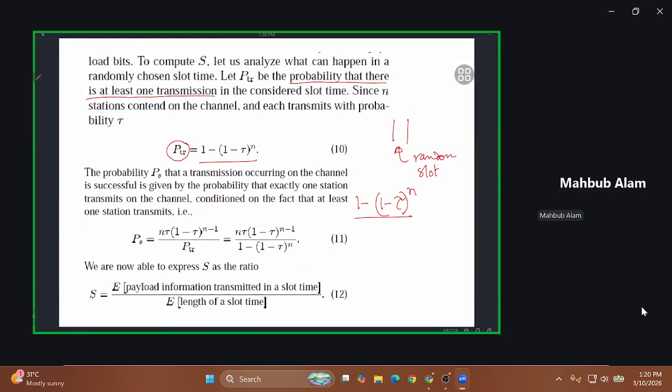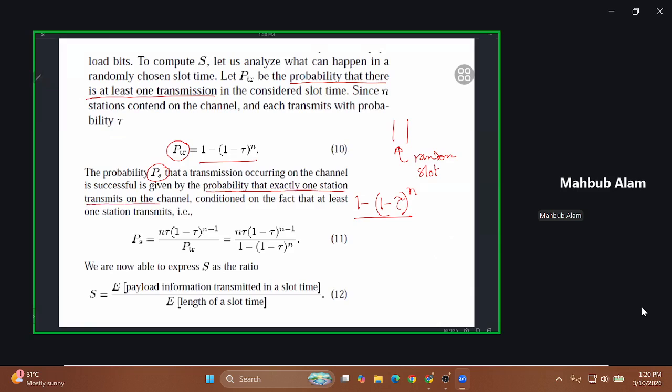Now, PS represents the probability that there is a successful transmission. The probability that a transmission occurring on a channel is successful, the probability that exactly one station transmits on the channel.